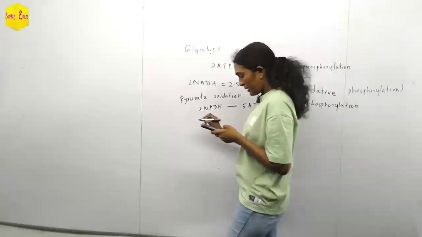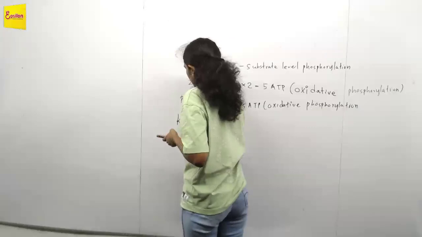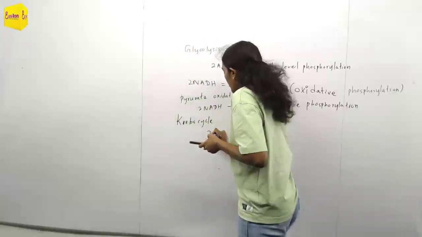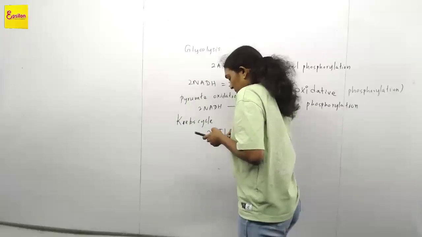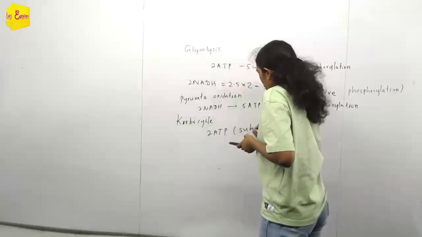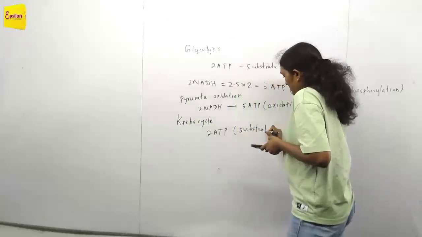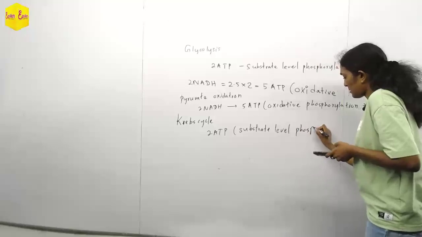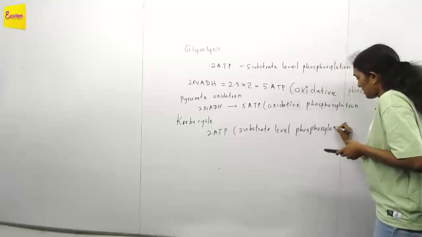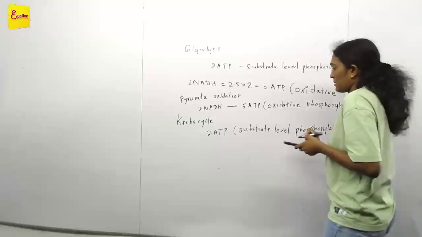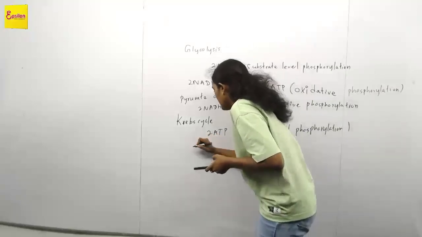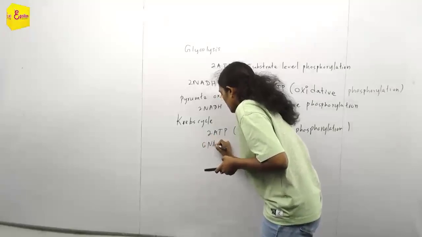If we go to the Krebs cycle or citric acid cycle, we have 2 ATPs produced from substrate level phosphorylation. We have 6 NADH.